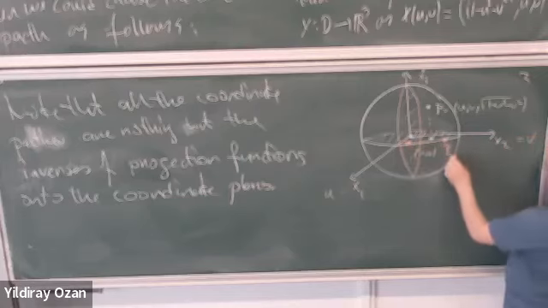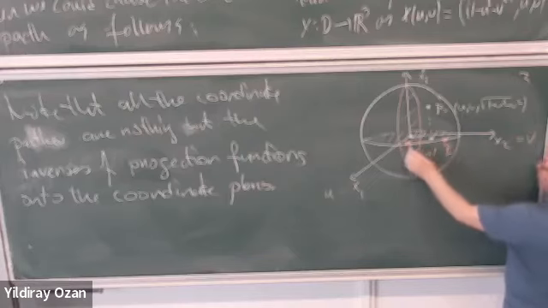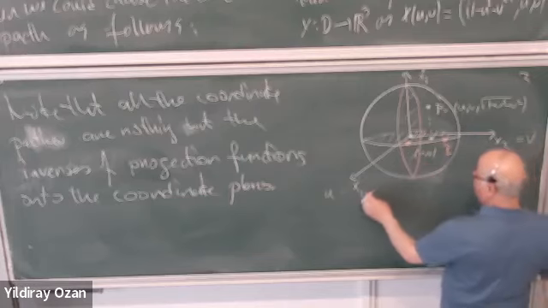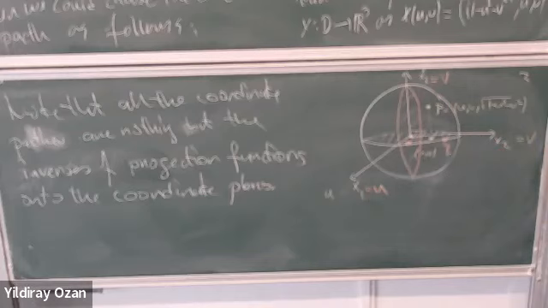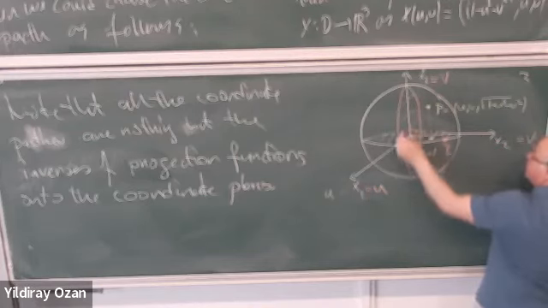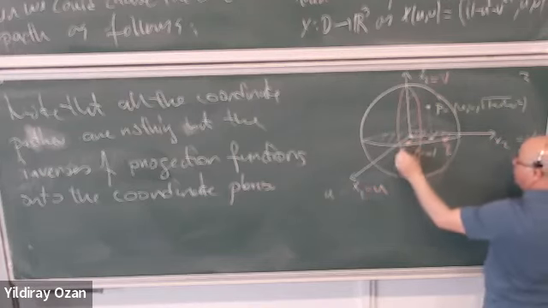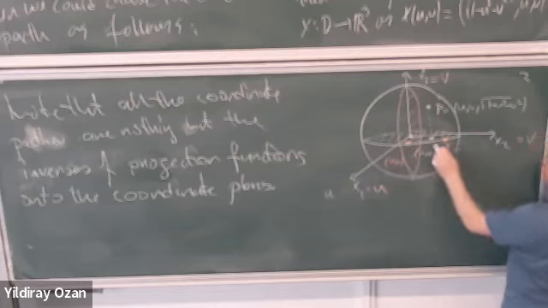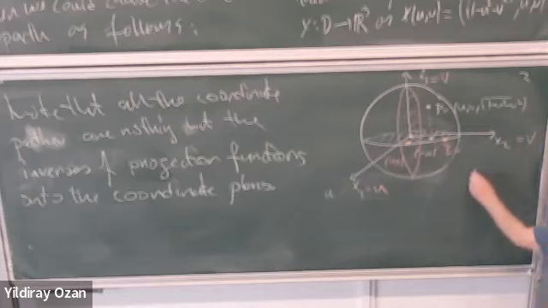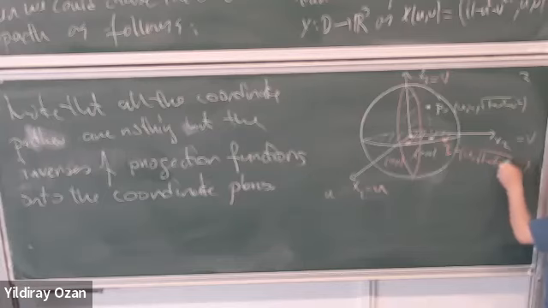So in that case, I would call this one U, this one V, and this point in that disk is just the point UV. And what about this one? X1 is just U, X3 is V. What about X2? It is 1 minus U squared minus V squared.